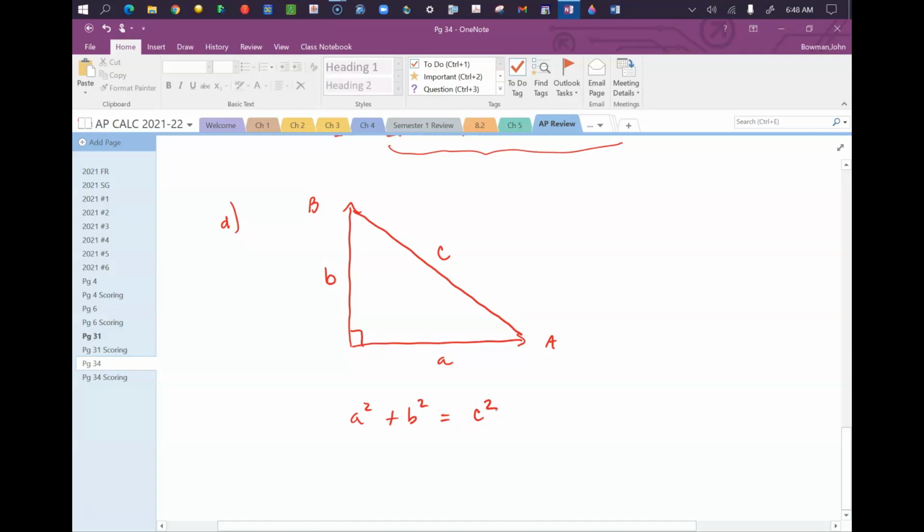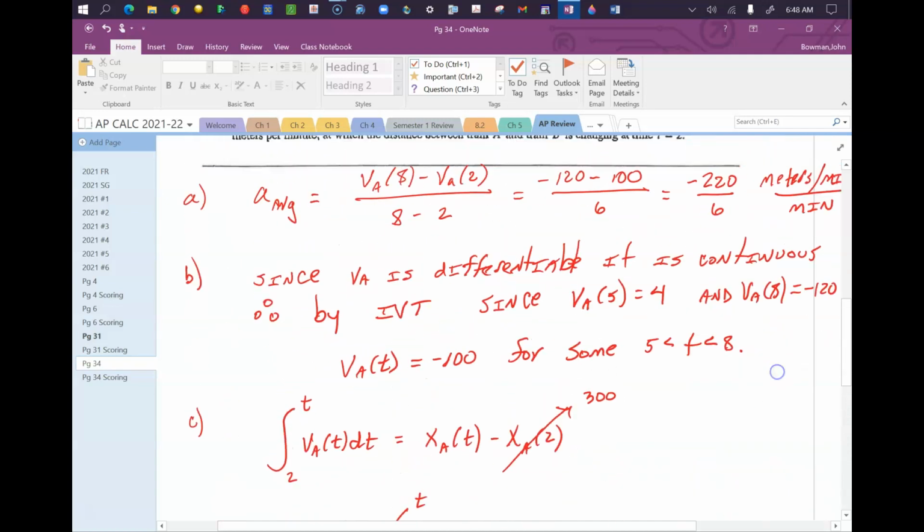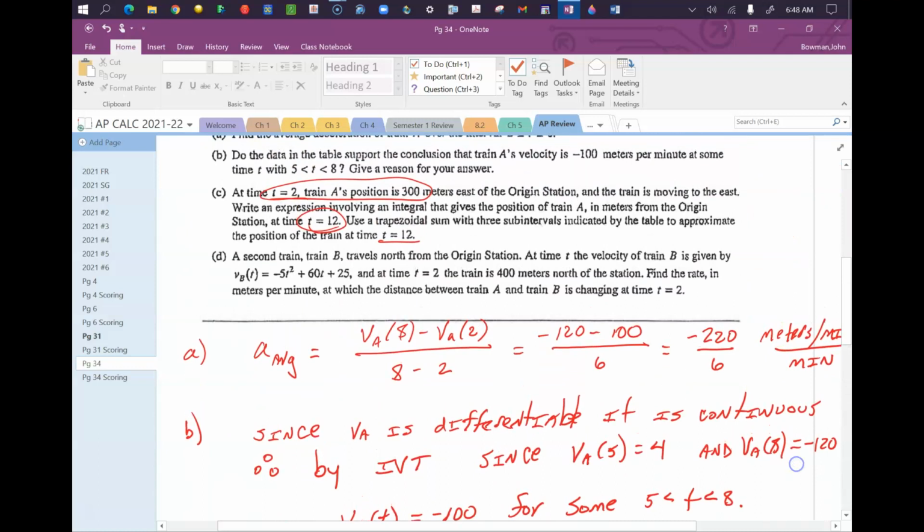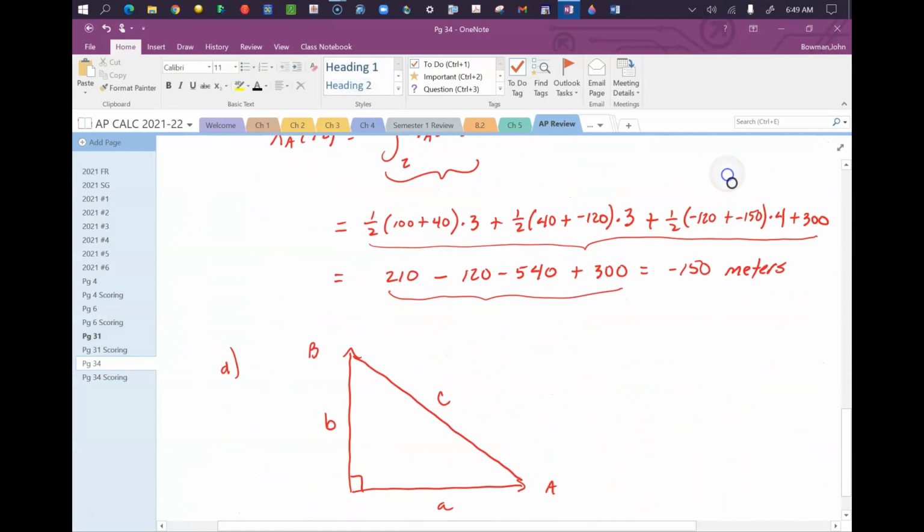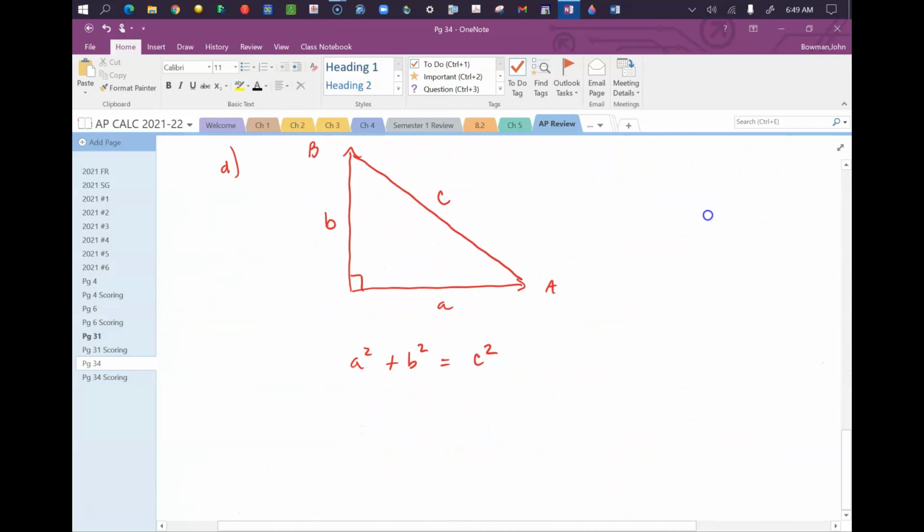What we're trying to find is the rate at which the distance between them is changing. So we know that A, B, and C are changing with respect to time.